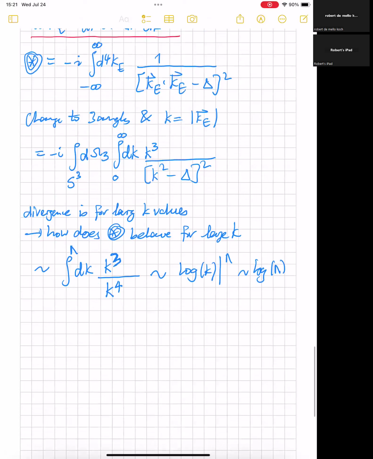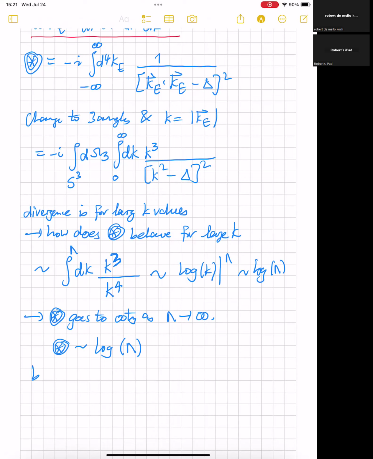So this means the integral goes to infinity as lambda goes to infinity. And how does it go? Well, it will behave like the log of lambda. And of course, the log of lambda does go to infinity as lambda goes to infinity.